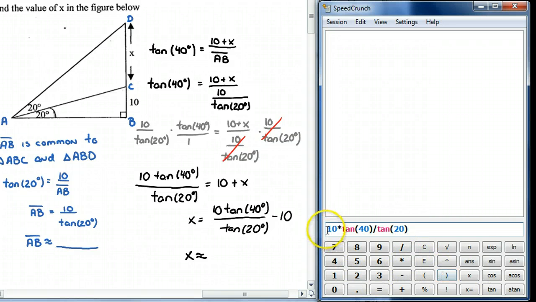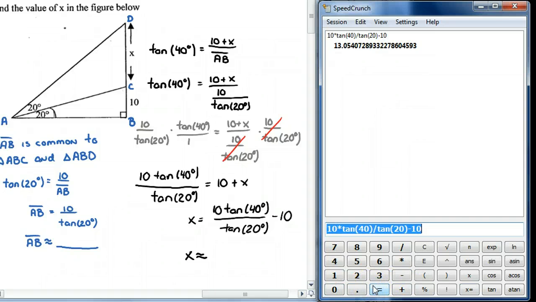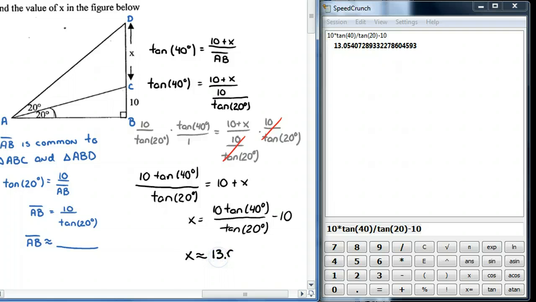I know it's going to work from left to right here because times and divide are equal order in terms of precedence. Then I'm going to subtract 10, and I get 13.05. And there we go.